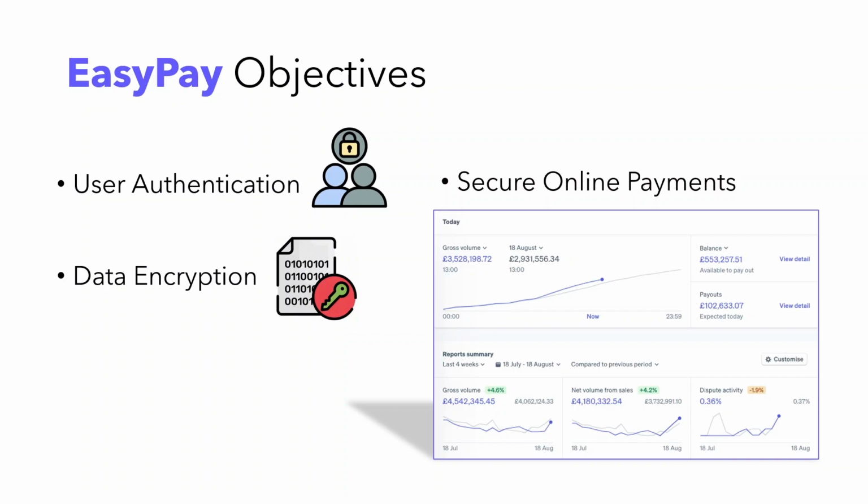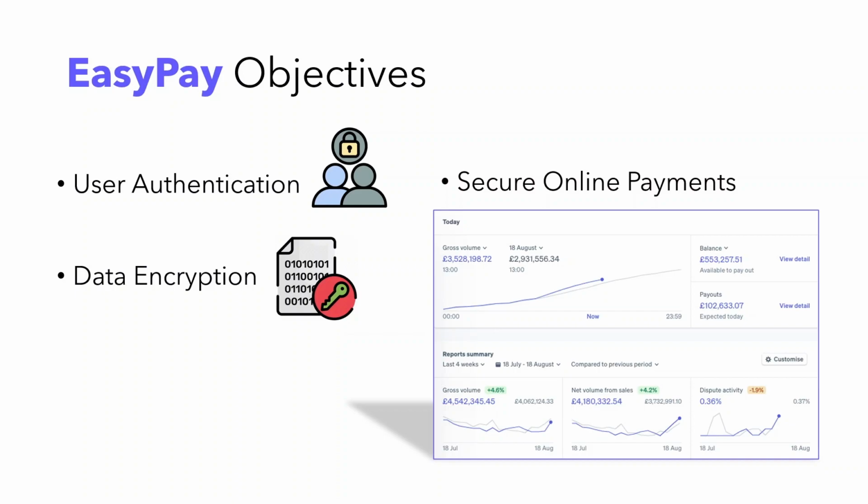Another project objective was data encryption, because in this we handle user authentication, but we also handle a Stripe API key, which ties an EasyPay account to a Stripe account.